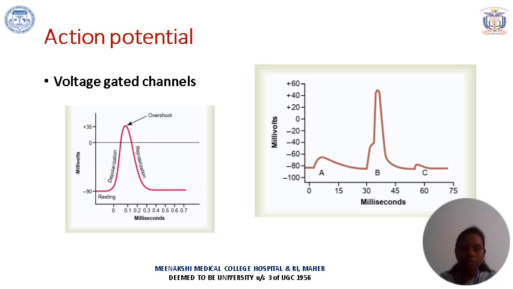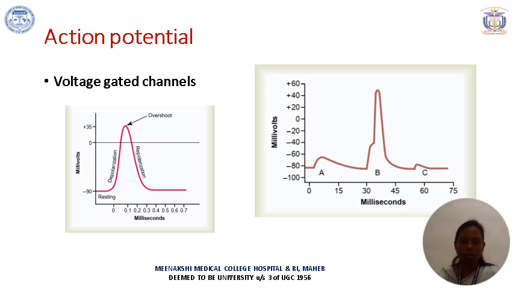In the action potential, if you see the phases, this picture shows that the RMP is minus 90 millivolts, which is nothing but the muscle resting membrane potential. When you apply an adequate stimulus, there is generation of an action potential.